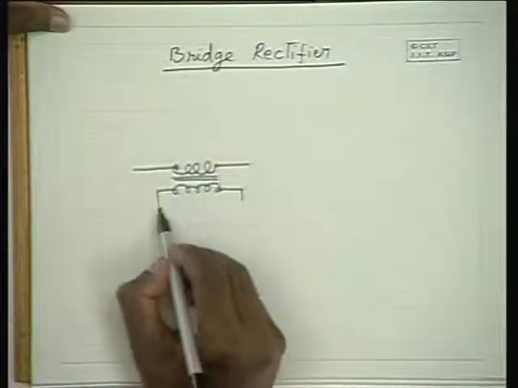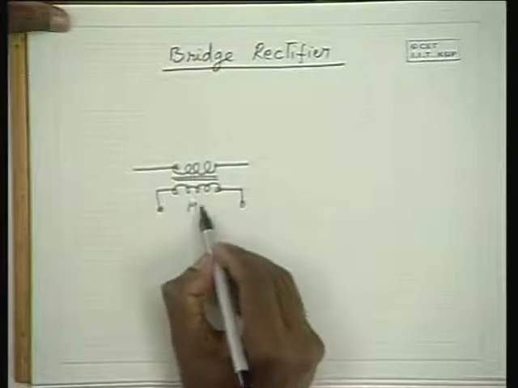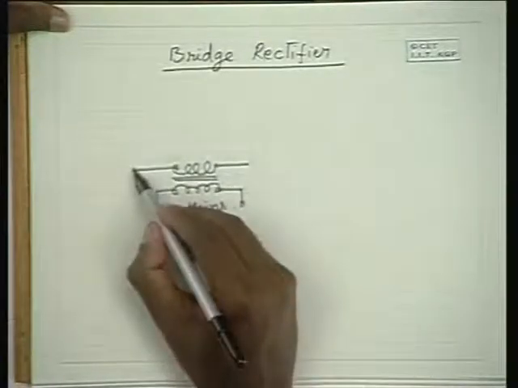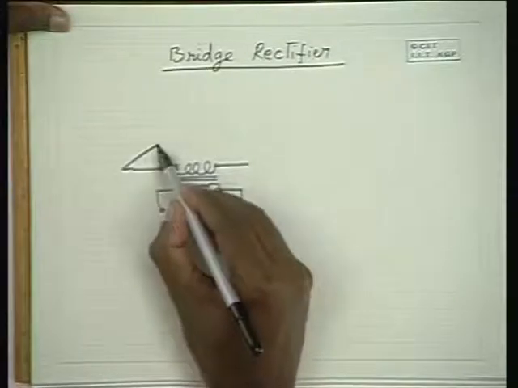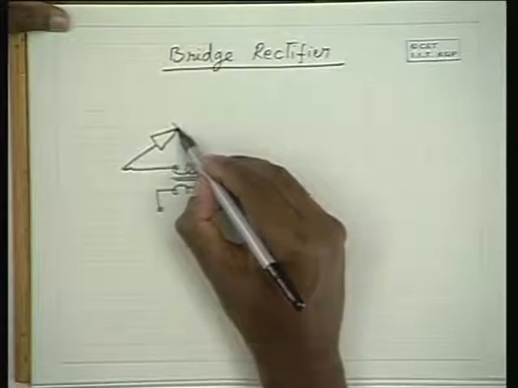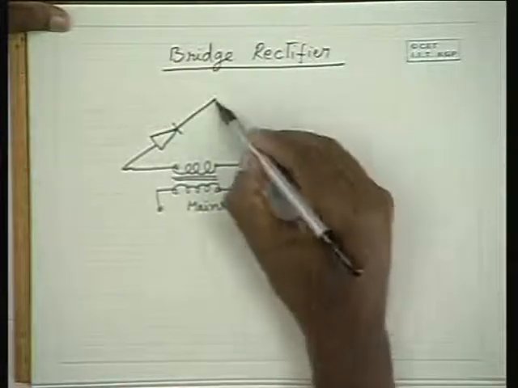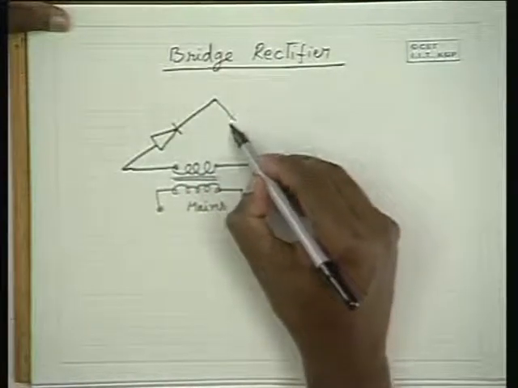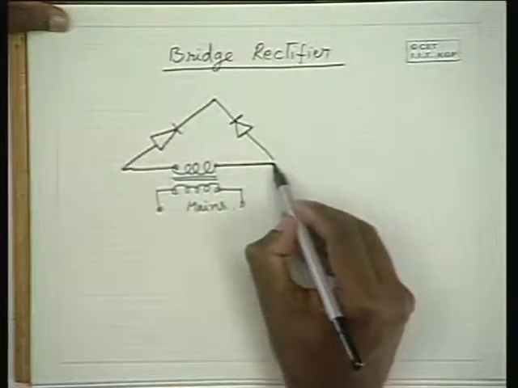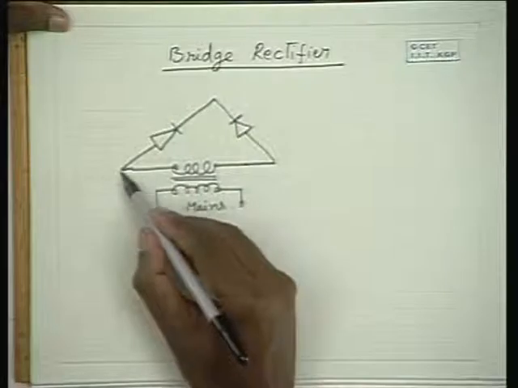This is the transformer, and this is the main supply, and then a bridge circuit with the diodes connected in this fashion is used.